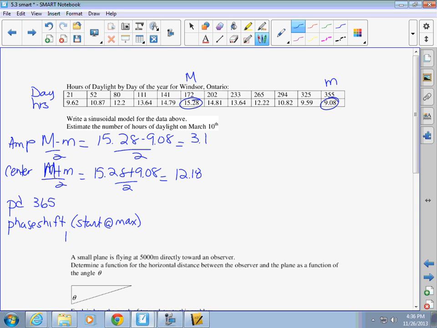So 172 to the right. If our period is equal to 365 days, then that means our B value is going to be 2 pi over 365.